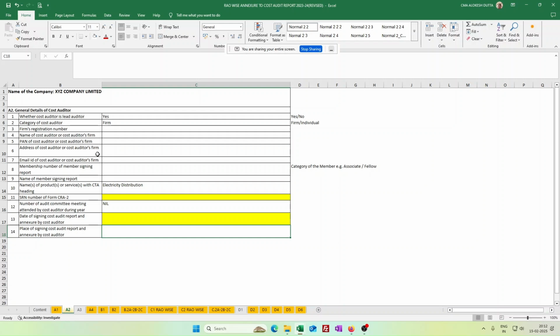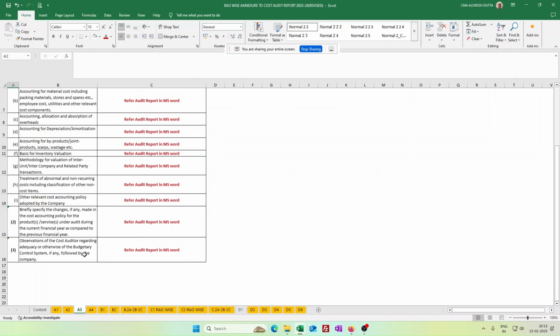That's why each and every detail of the auditor signing the report is to be mentioned here. SRN, number of audit committee meetings invited, attended, place of signing of the report and date. These are the details of the cost auditor.